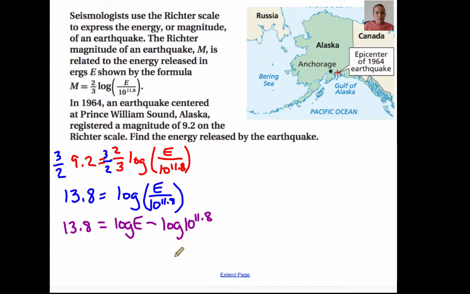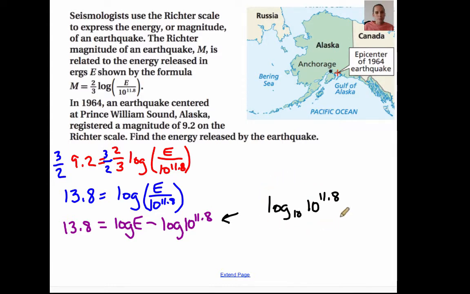Okay, now let's look for another property that we can use. Understanding that these are common logs, the common log here says base 10, but we don't see it because it's just understood, of 10 to the 11.8 power.